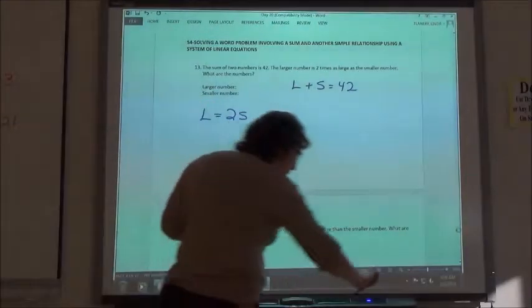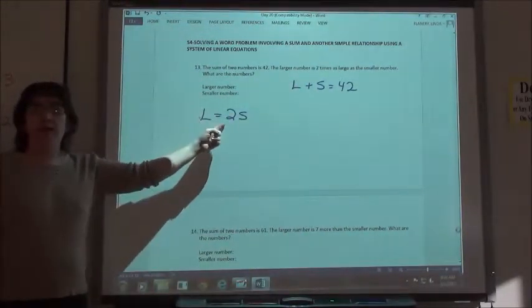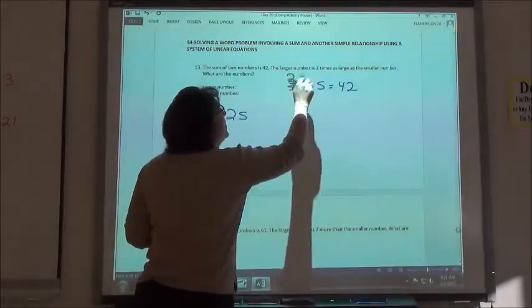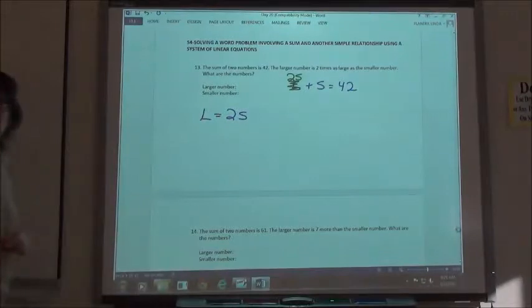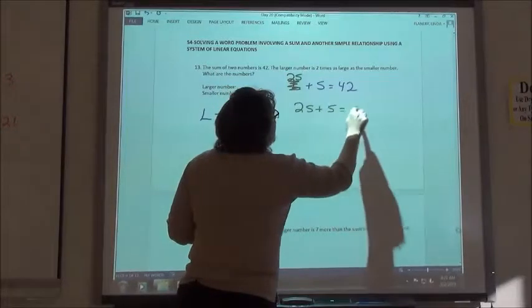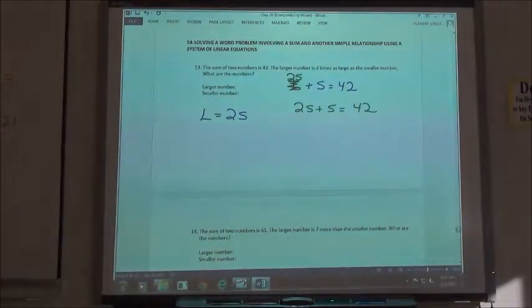So what we're going to be able to do is solve this one by substitution because we know L is equal to 2S. We can get rid of the L and replace it with 2 S's. So now our equation says 2S plus S equals 42. And if we want to solve that equation, what should we do next?